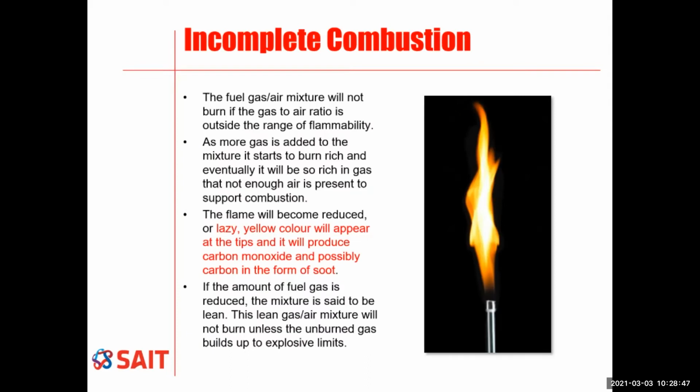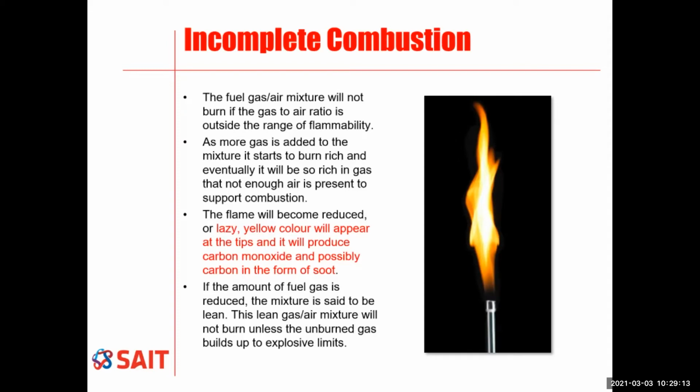So when you do not have enough air on a flame, this lazy yellow color will appear. And this kind of flame produces carbon monoxide and carbon in the form of soot. A black soot will form from this. And this is incomplete combustion, for sure.